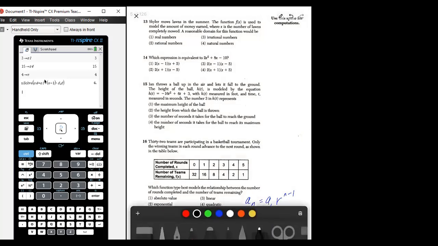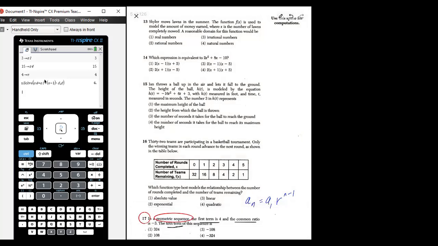So here's the stuff that we have. So we know what a sub 1 is. A sub 1 is 4. Then we also know what the common ratio is. So R is -3. Now we're trying to find a sub 5, the fifth term.